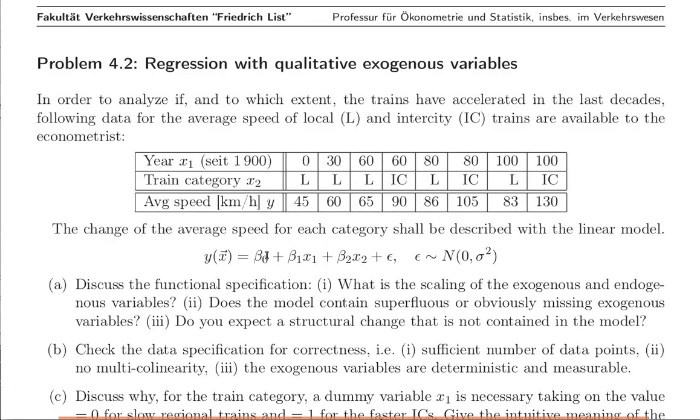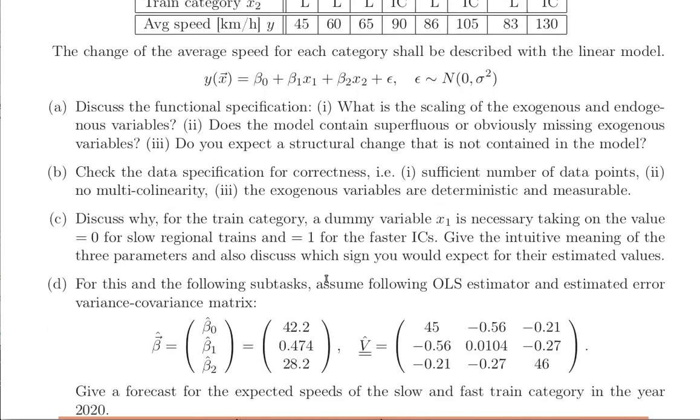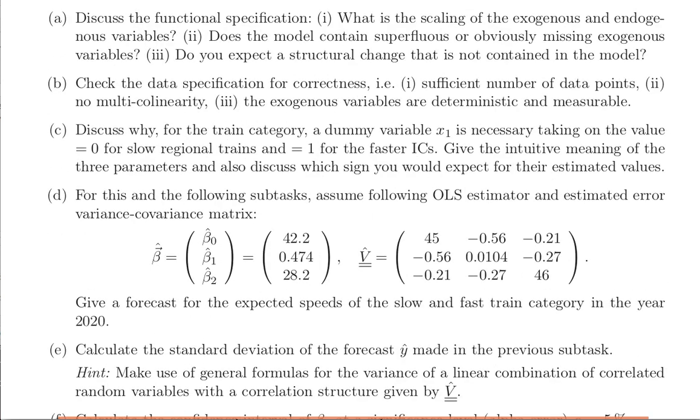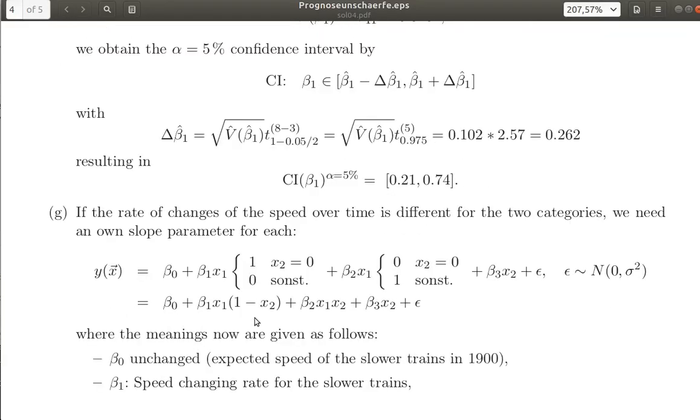Now if we have a common rate of increasing speed, we have this beta 1, but if we have two different rates, we need to take a separate value of beta 1 if x2 equals 0, or if it's a 1. That means we need to interact x1 with x2, and this could look like this if we do it by hand.